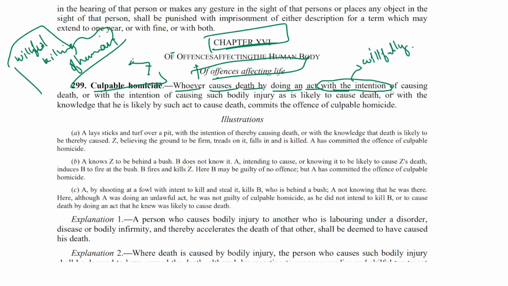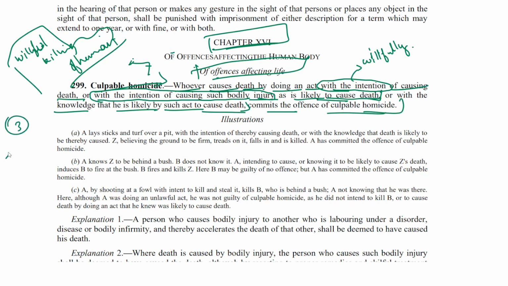of causing death, or with the intention of causing such bodily injury as is likely to cause death, or with the knowledge that he is likely by such act to cause death, commits the offence of culpable homicide. So you can see that there are three requisites. First is intention to cause death.